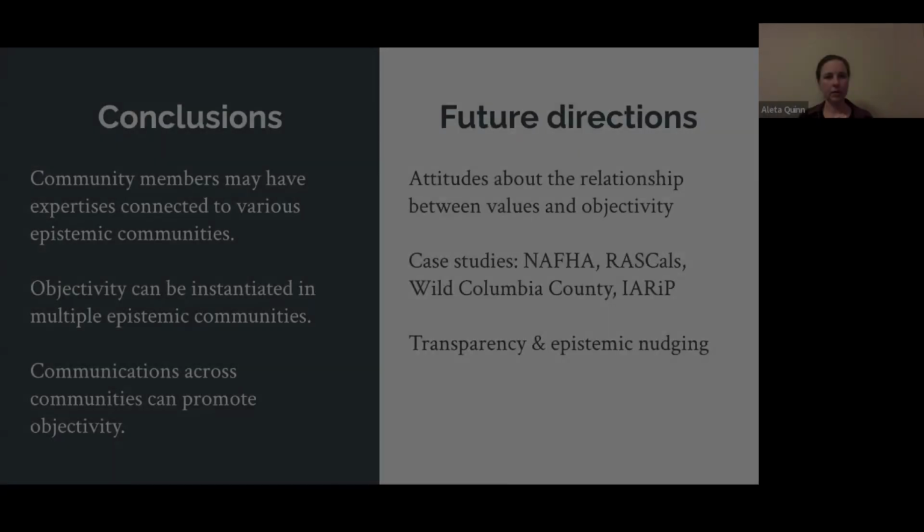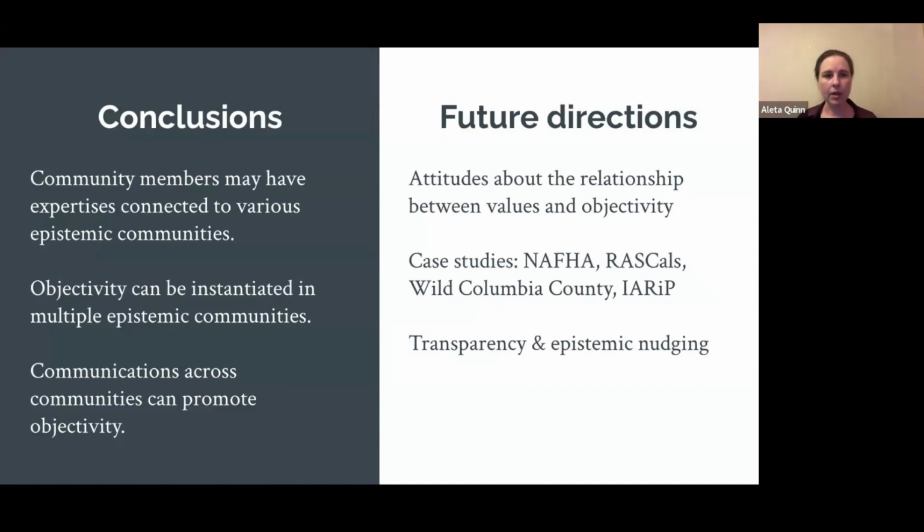Just to reiterate my conclusions then, I do want to mention Alan Irwin's 1995 monograph about citizen science, where he speaks a lot about expertises. In his view, the emergence of citizen science is fundamentally about the relationship between science and society, in a very big-picture way. I've been speaking more in terms of sort of bottom up from cases. I really appreciate that he speaks a lot about the expertises of the non-professional scientists.